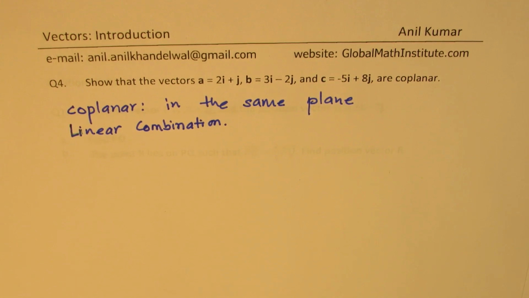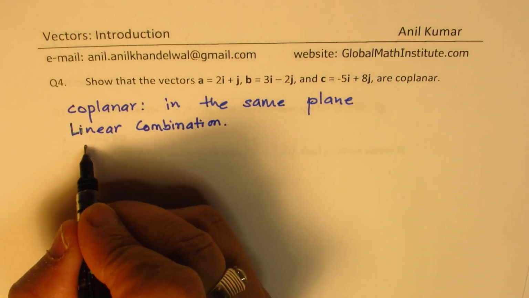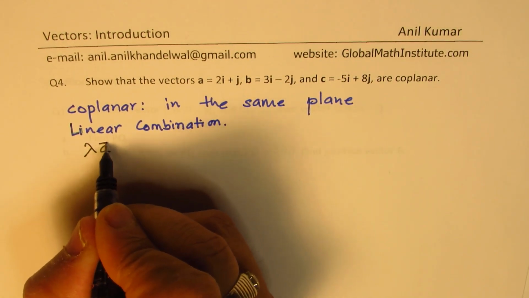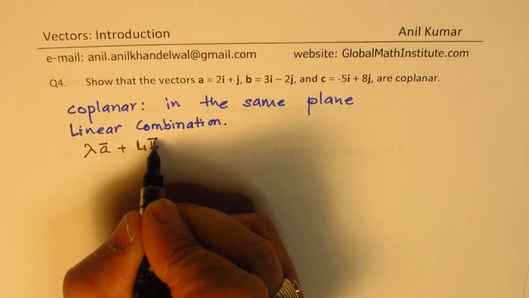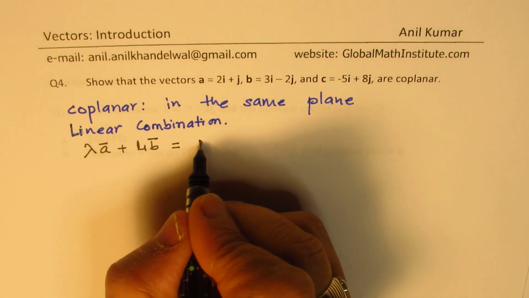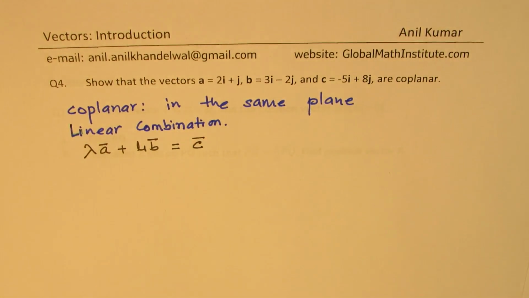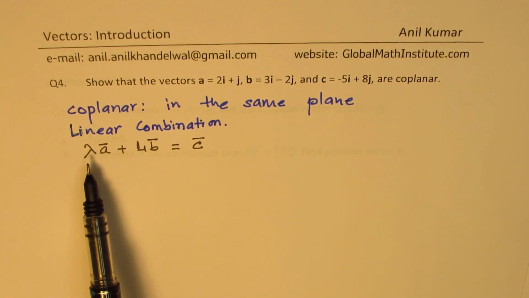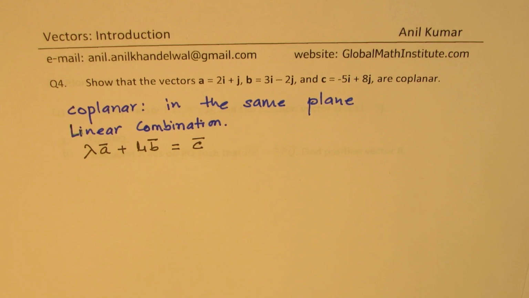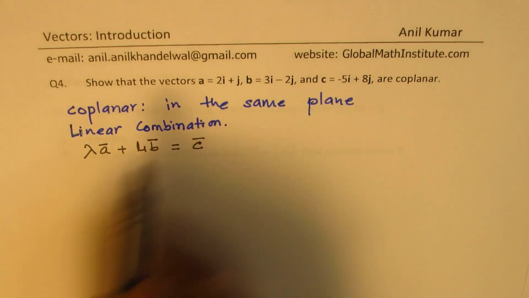Normally we use lambda and mu. So we can say lambda times A plus mu times the vector B is equal to vector C. That is the linear combination. The whole idea here is to find the values of these two parameters, or constants. So let's figure this out.